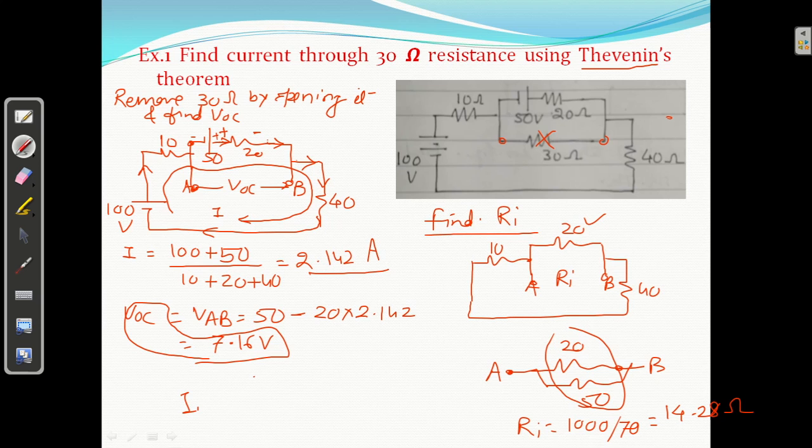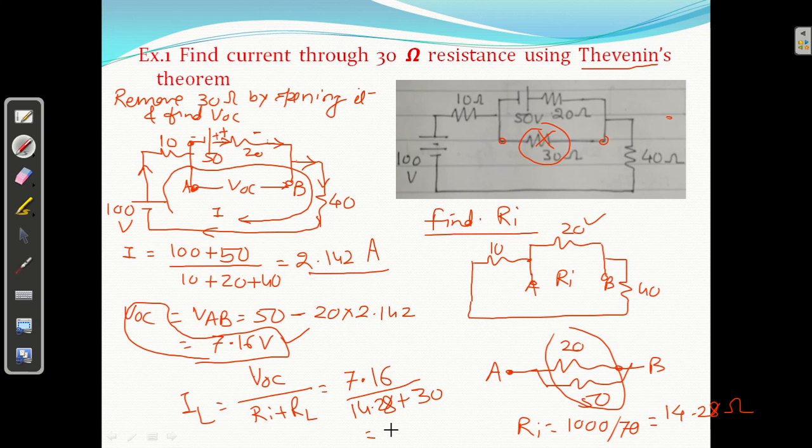Now, as per Thevenin's theorem, IL equals VOC upon RI plus RL. VOC is 7.16 volt, divided by RI, 14.28, plus RL, which was 30 ohm. Find the current through 30 ohm.